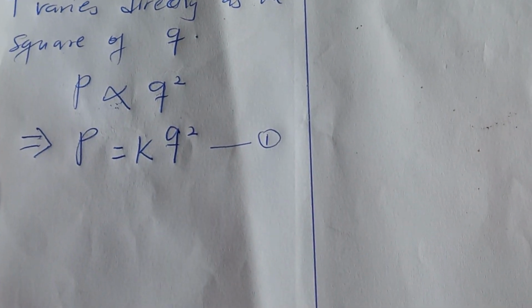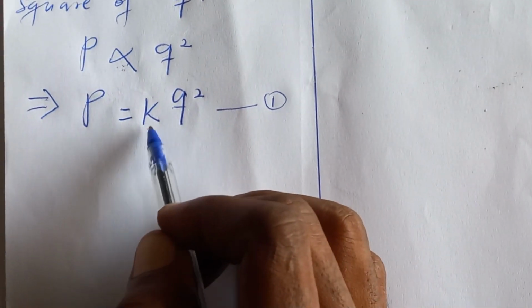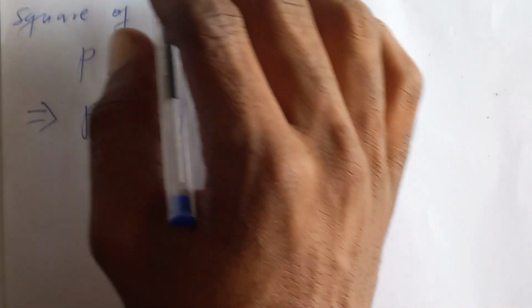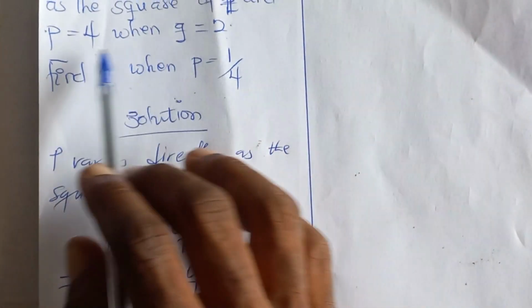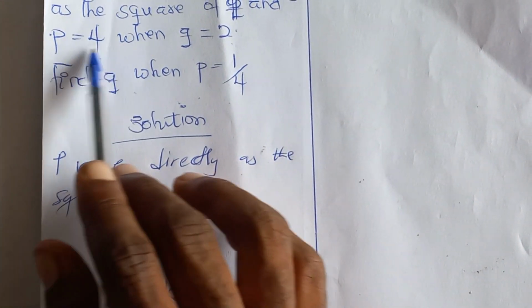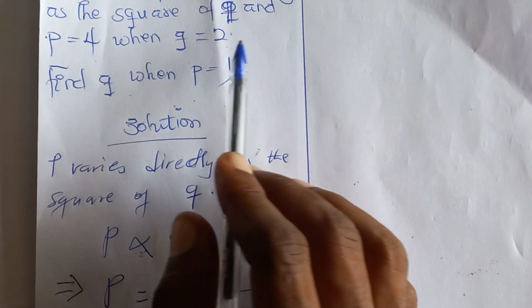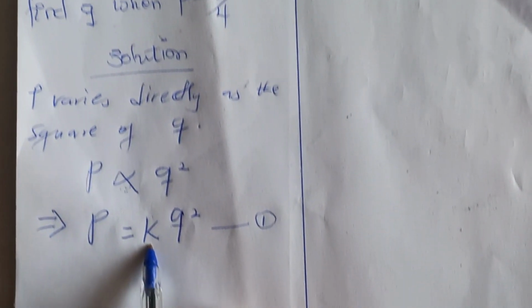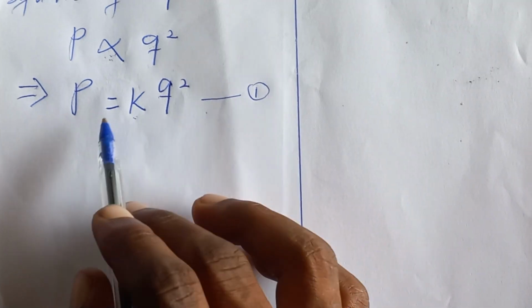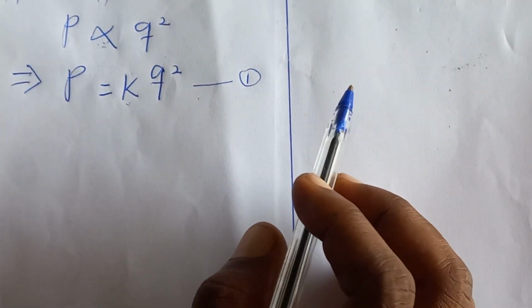Then we have to look for the value of this constant, because in the question we're given P to be 4 when Q is 2. So we need to use these figures to look for the constant k, so that our equation will be complete in terms of P and Q.